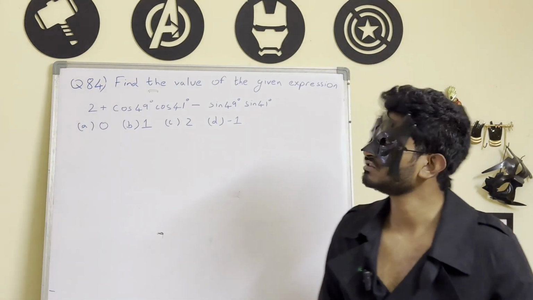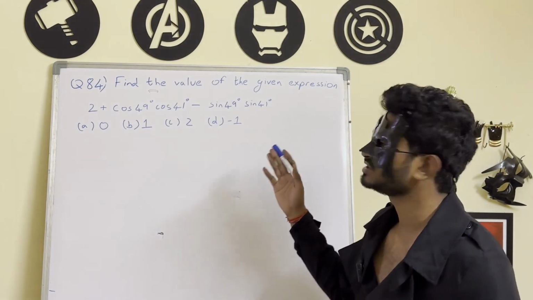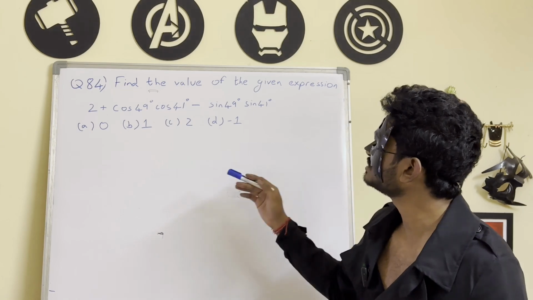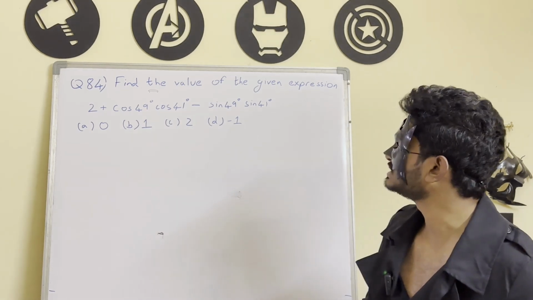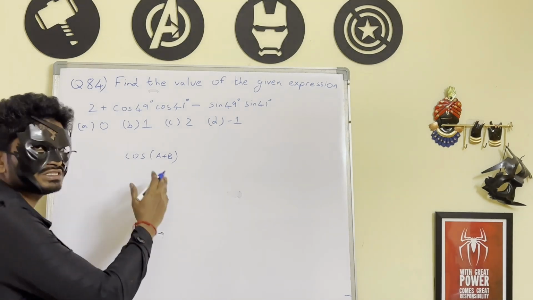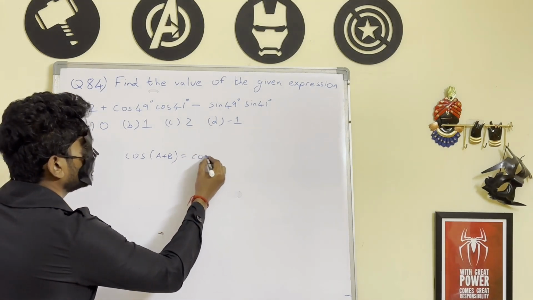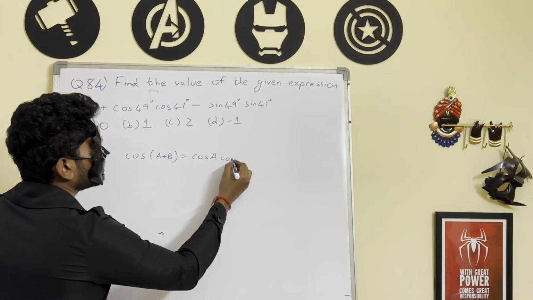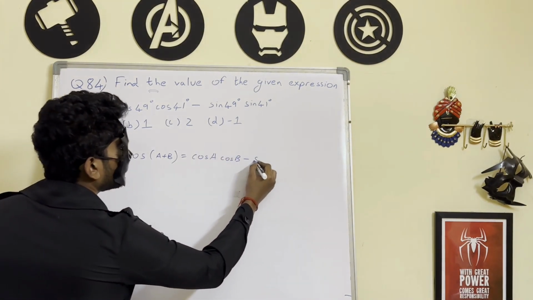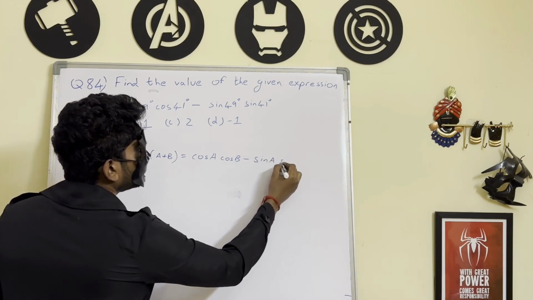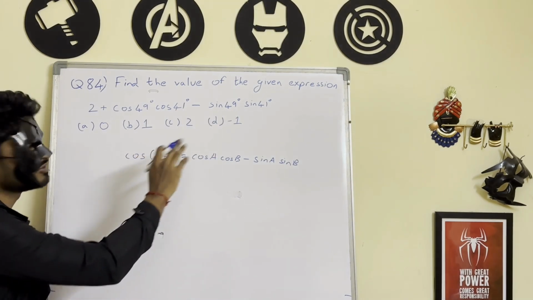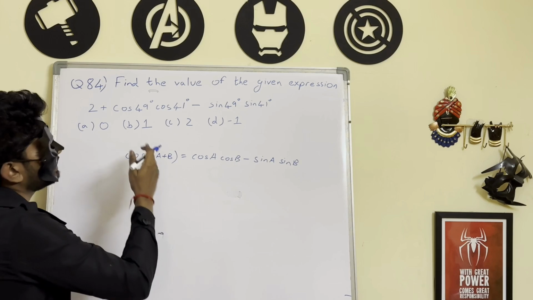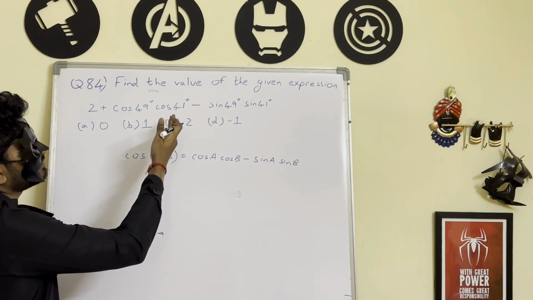So superhumans, next question is find the value of the given expression 2 plus cos 49 degrees into cos 41 degrees minus sin 49 degrees into sin 41 degrees. So here I will teach a small formula. Cos A plus B is equal to cos A cos B minus sin A sin B. So this expression is in the form of cos A cos B minus sin A sin B. A is equal to 49 degrees, B is equal to 41 degrees.